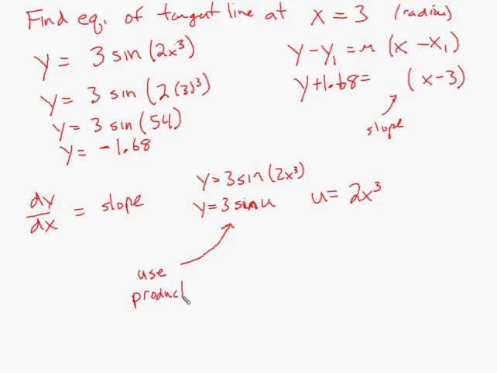So I'm going to come back to this slide, and I'm just going to show you the product rule. This is a situation where we have an f of x times a g of x. We have two different things and they're being multiplied.